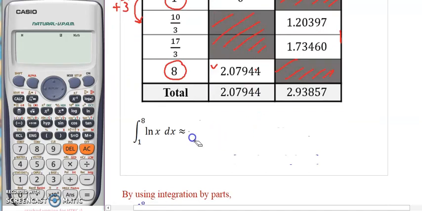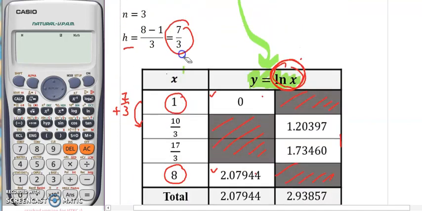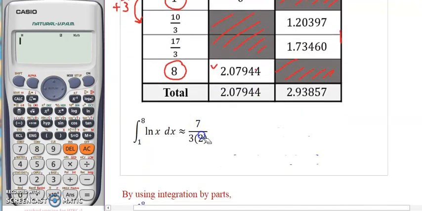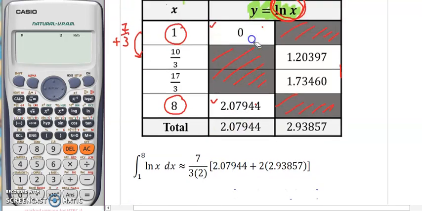With the formula, I start with the integral approximately equal to h over 2. Our h here is 7 over 3. So 7 over 3 divided by 2 becomes 7 over 3 times 2 at the bottom, multiplied by, inside the brackets, 2.07944, which is the sum of the first and last value, plus 2 times the sum of the middle values.